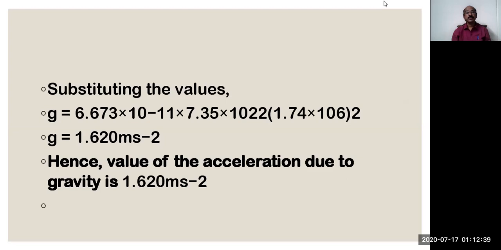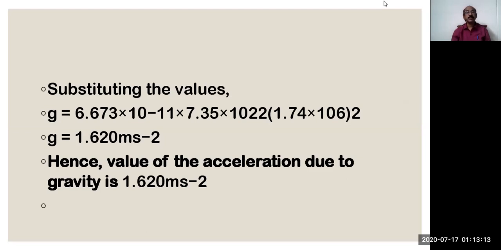So when the body is projected upward with a certain initial velocity u, then u equals u and a equals minus g, and time is t, then v equals u minus gt. So the first equation for final velocity changes to v equals u minus gt.